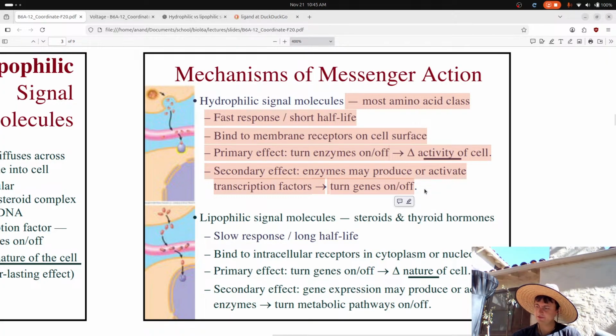Right, yeah. So, and secondarily affects gene reg.